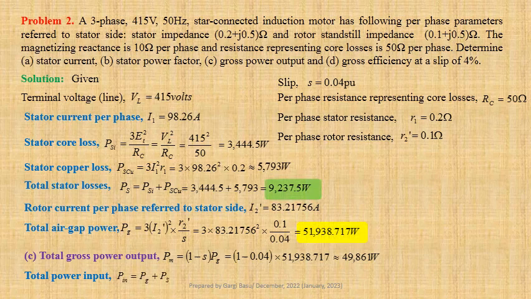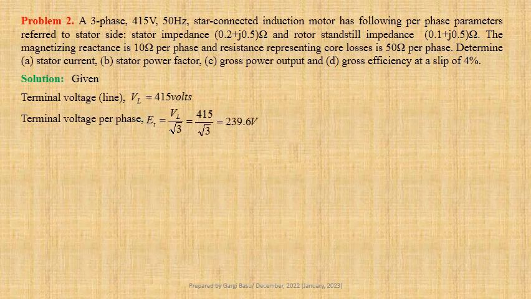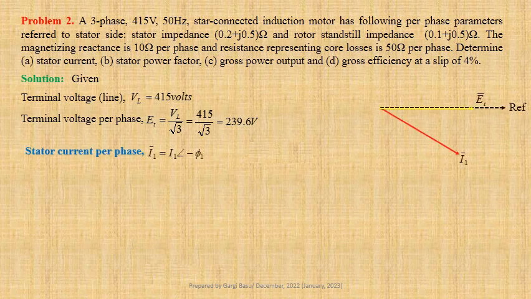Using values we get 51,938.717 plus 9,237.5. That gives us 61,176.217 watt.